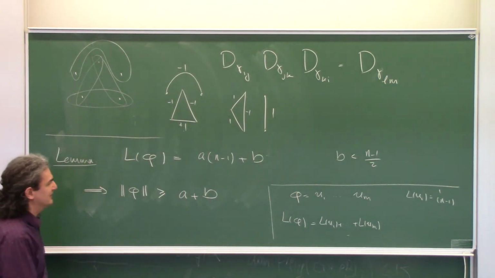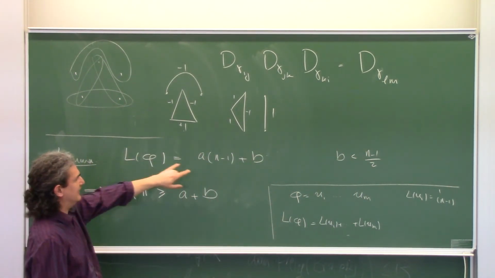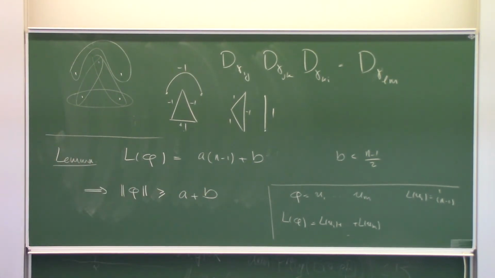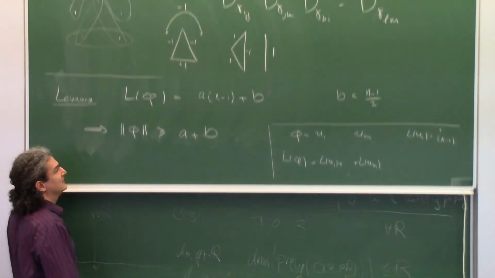So I have written this number as a sum of a bunch of n minus 1s and 1s, and the best way to do that, if b is small, is to use as many n minus 1s as we can. So I translate my issues, I have the mapping class group into Z.